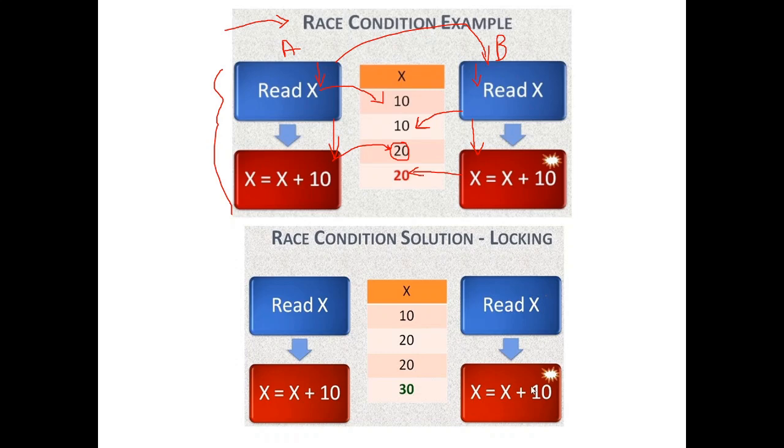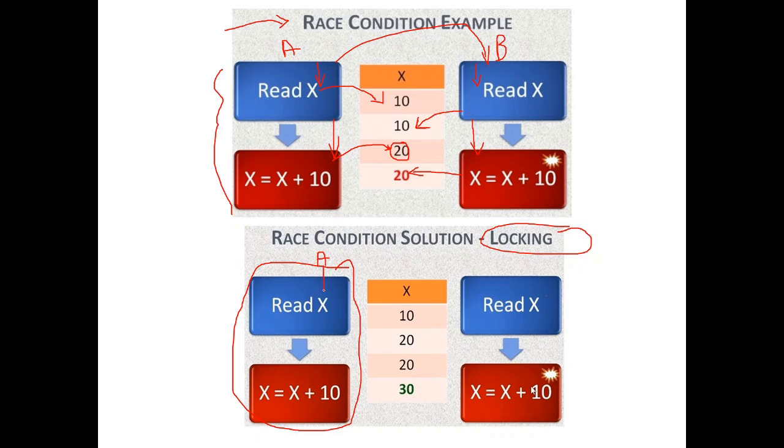Such problems arise when the same variable is shared by more than one process. To avoid this problem, a locking system can be used. This locking system is like a critical section. This code can be locked when process A is executing this part.